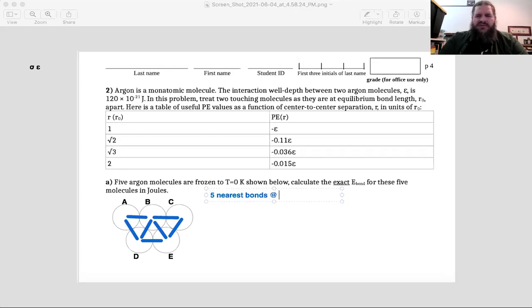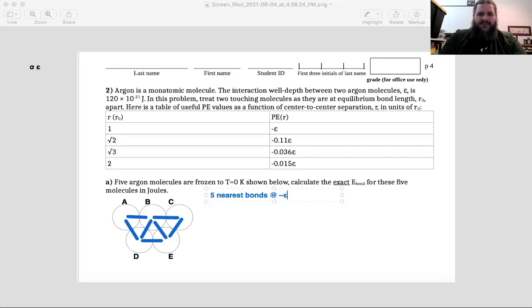And what would be the energy of each one of those nearest neighbor bonds? What do we typically call the bond energy of one single pair of nearest neighbors? Yeah, that's just -1 epsilon.